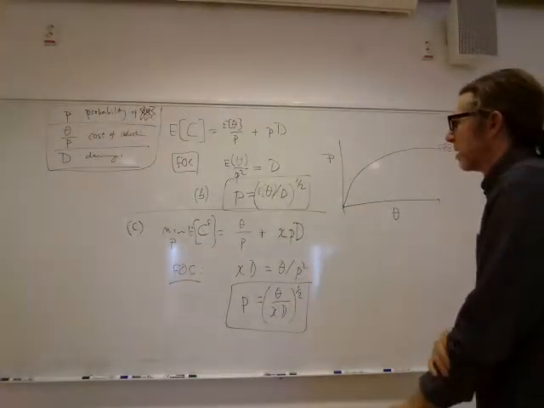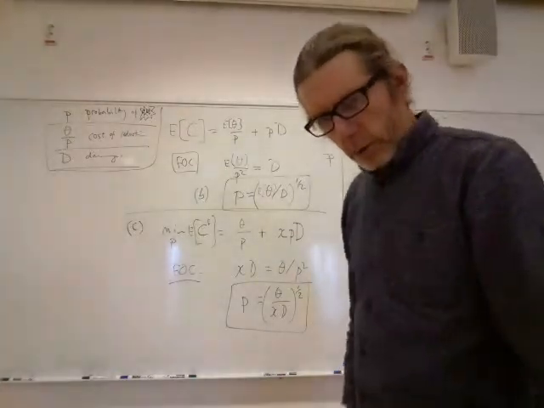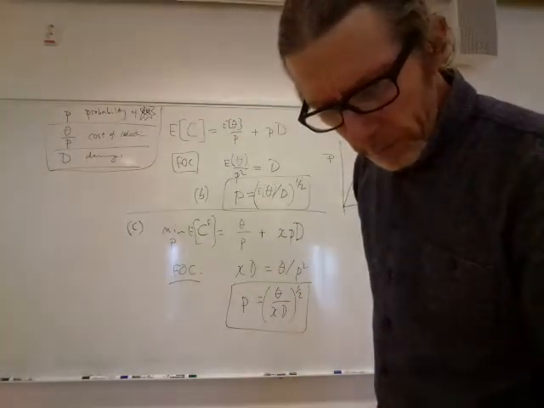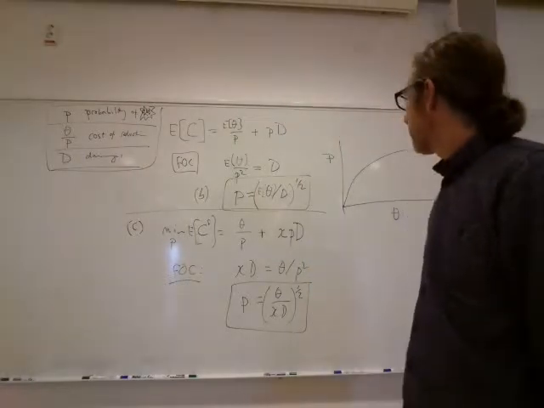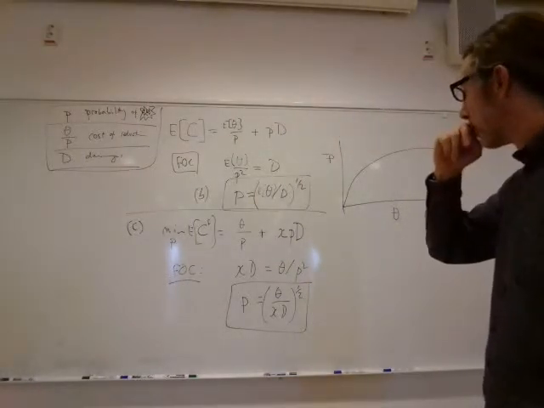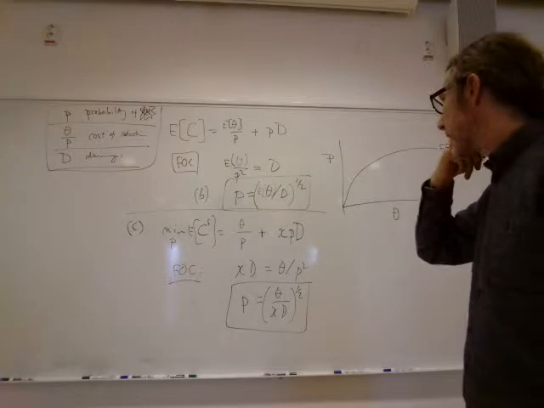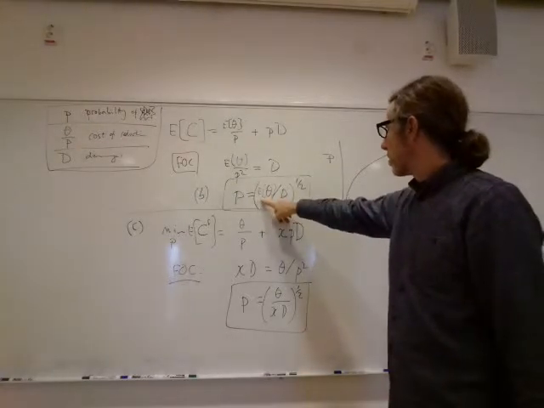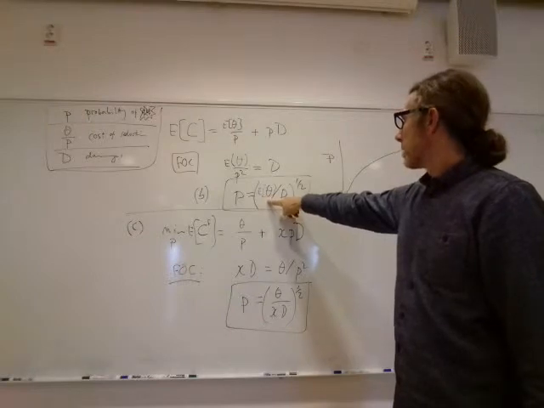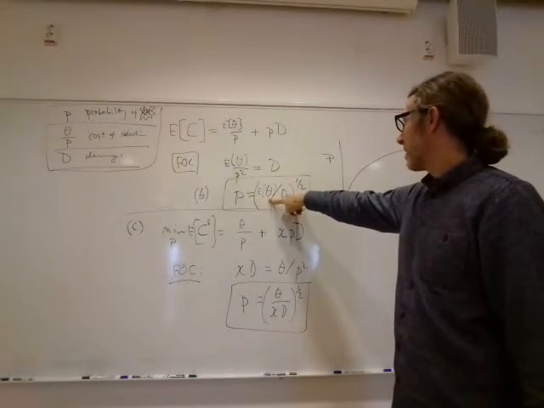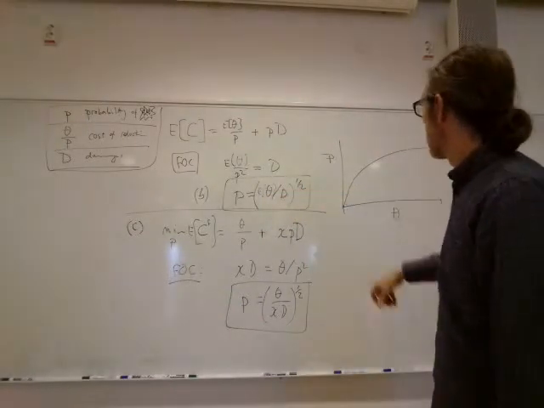Then part B here, what's that about? That's the uniform safety standard. So for the uniform safety standard, we just set P equal to the expected value of theta to the half, which is just a number.